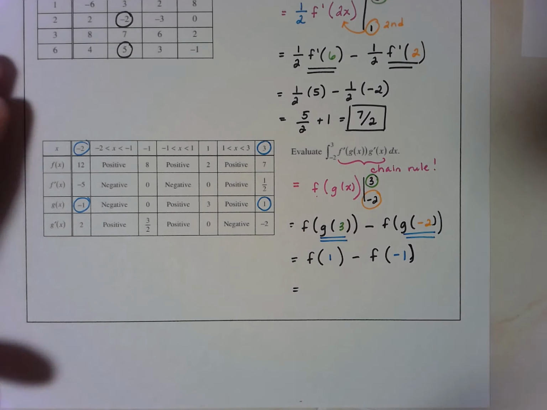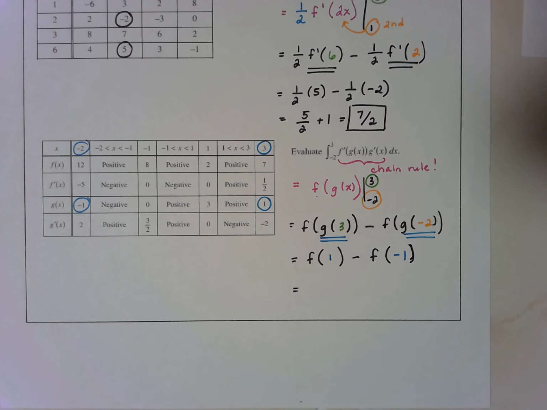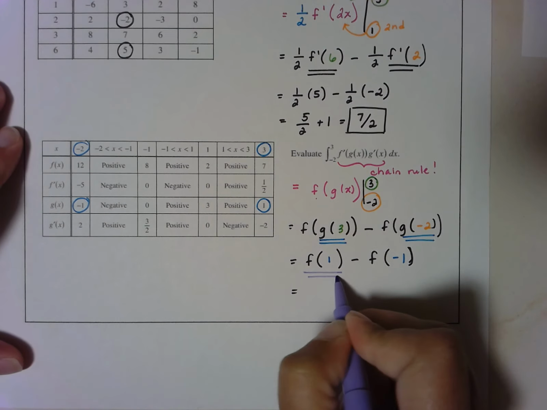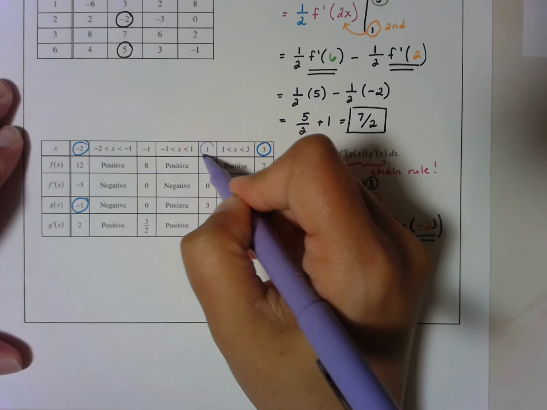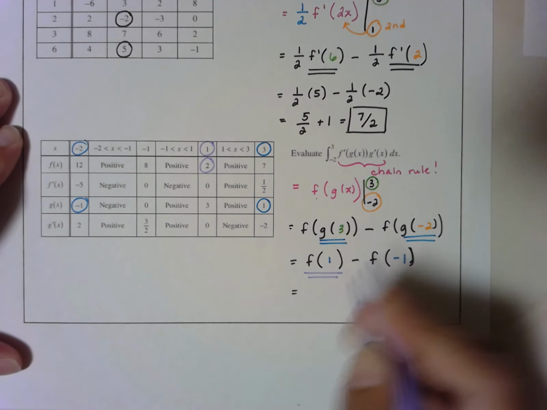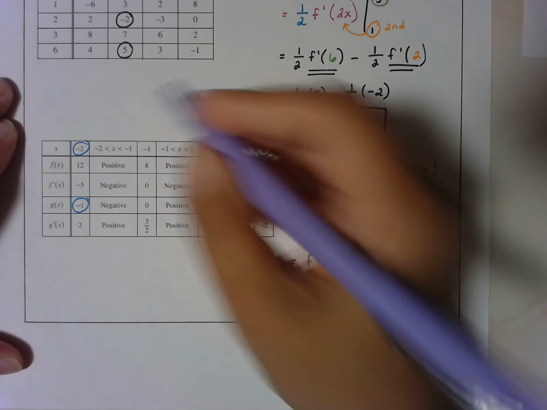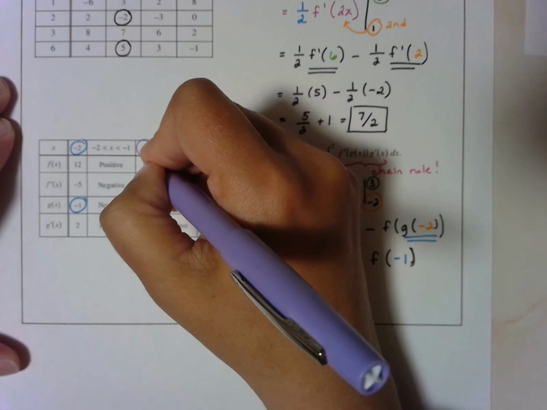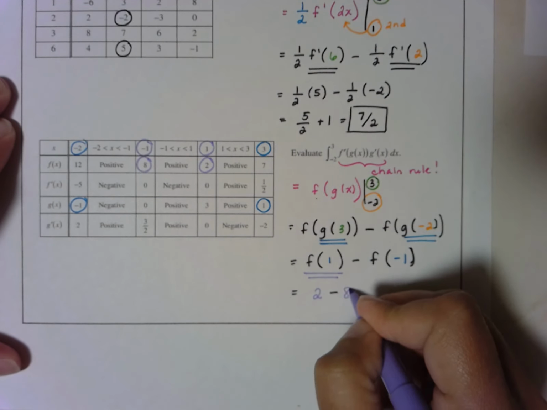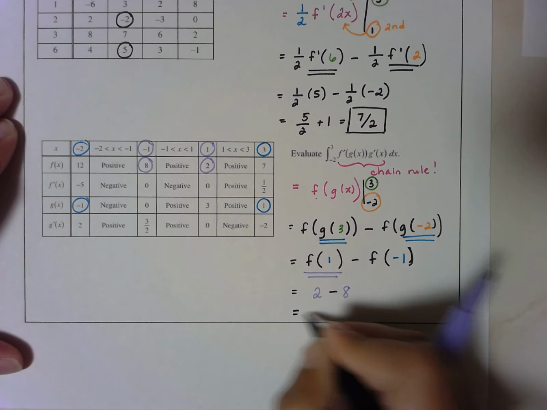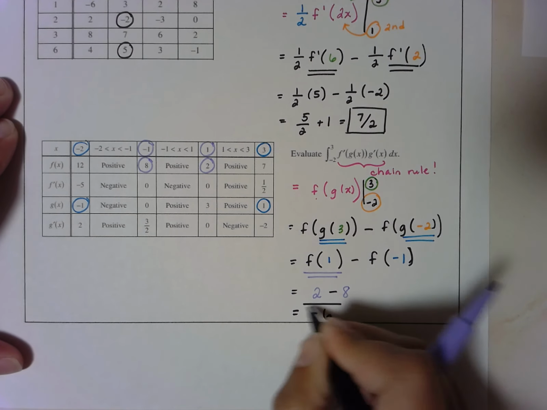As my next step, I'm going to find f of those values. So if I find f of 1 in this table, when x is 1, f of 1 is 2, minus, and if I find f of -1, when x is -1, f is 8, which means my final answer would just be -6.